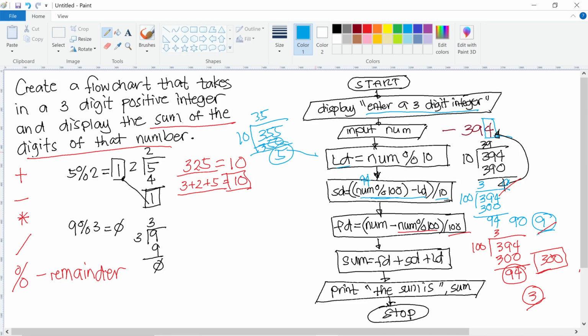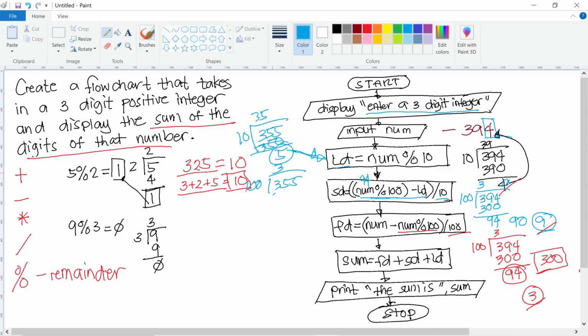So we extract 5 and store it to variable LD. Then you have SD, which is num modulo 100. That is 355 divided by 100, which gives us 3.